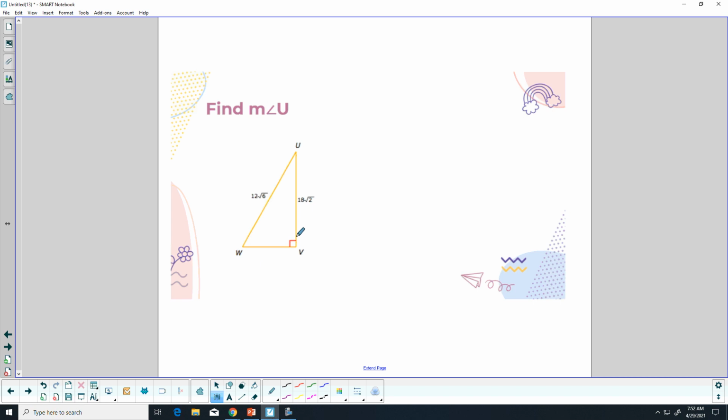All right, another right triangle. I'm just going to use the Pythagorean. Oh wait, we're finding angle U. Guess I should read the directions carefully. Angle U, let's see, so I know the hypotenuse and I know the adjacent. That makes me think cosine. Cosine U is going to be 18 radical 2 over 12 radical 6.